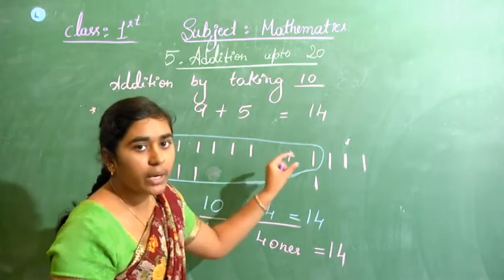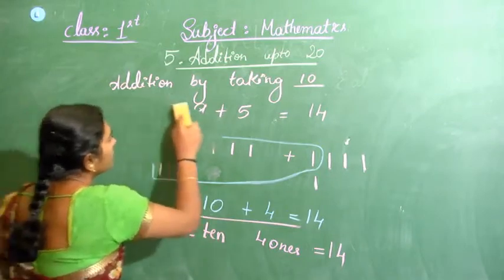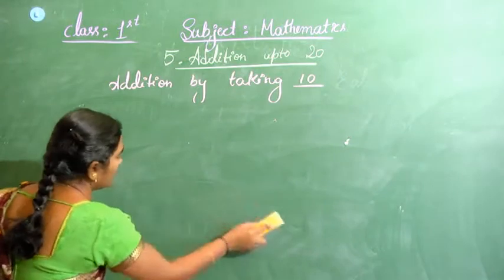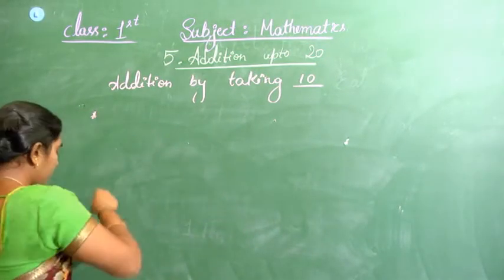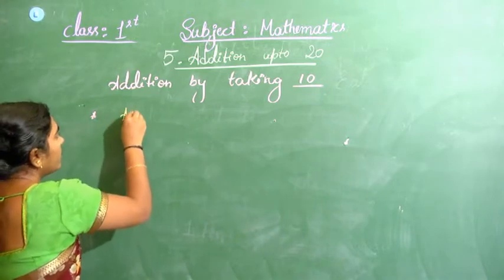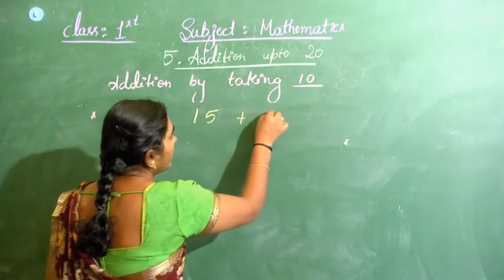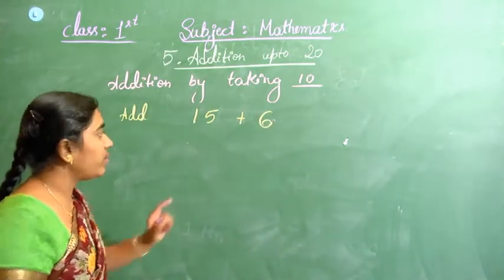We can make a bundle of 2 tens. I will show you an example. Suppose we need to add 15 plus 6.